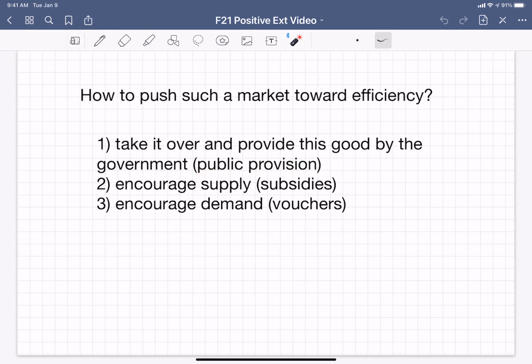As education provides quite a bit of positive effects, government takes it over for the most part and provides it to everyone to make sure that the quantity provided is efficient. So no one is left behind because they don't have enough money or because they underestimate the positive effect education provides to others.